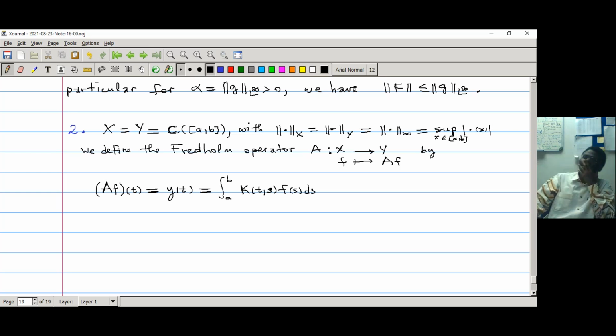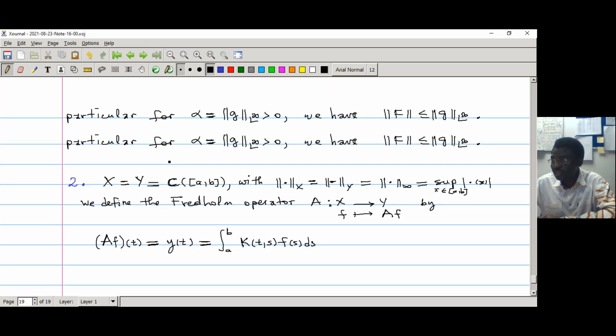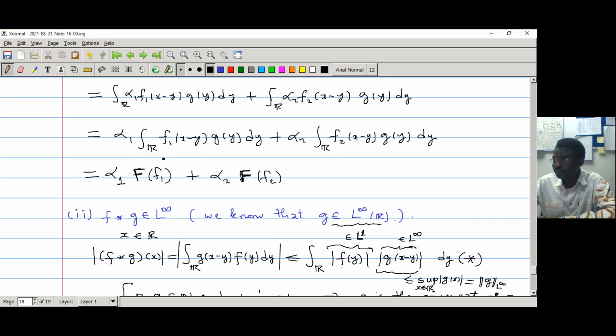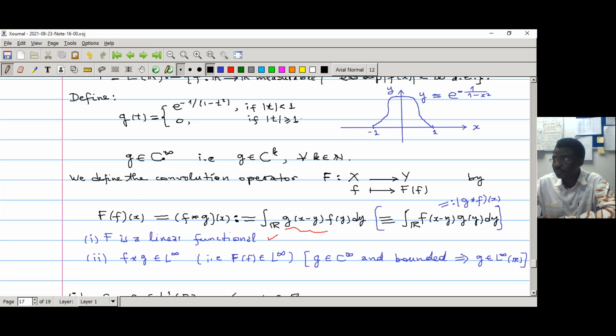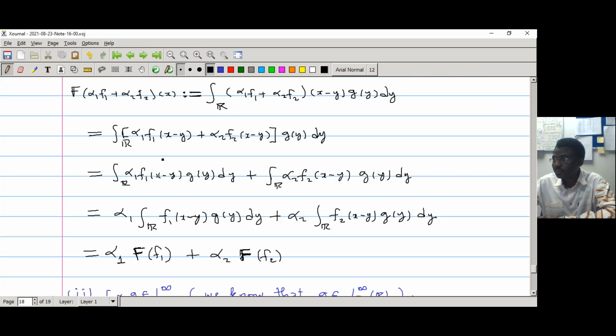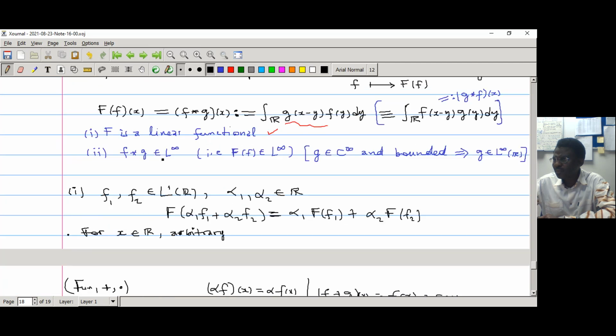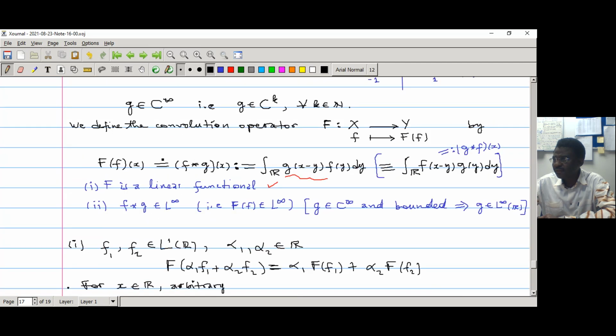You see that it's a bit similar to the previous operator, not completely. Where did I define that?